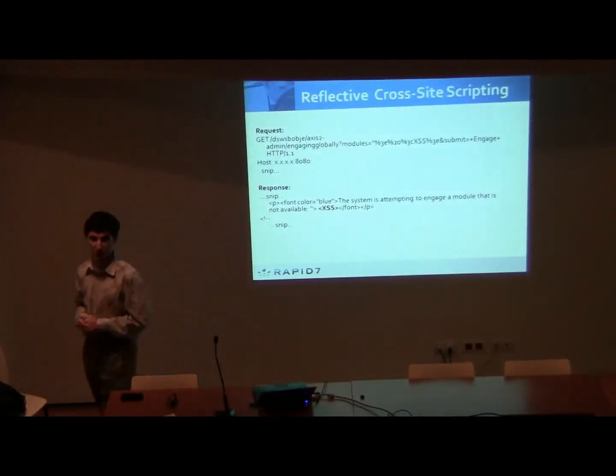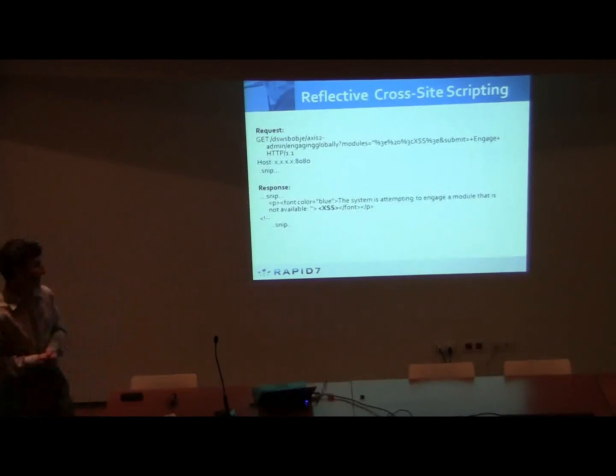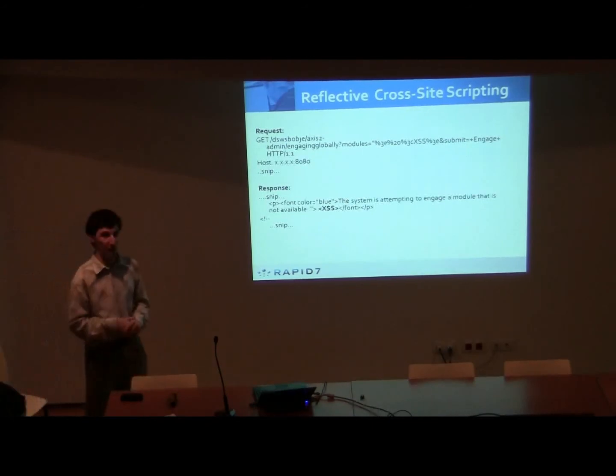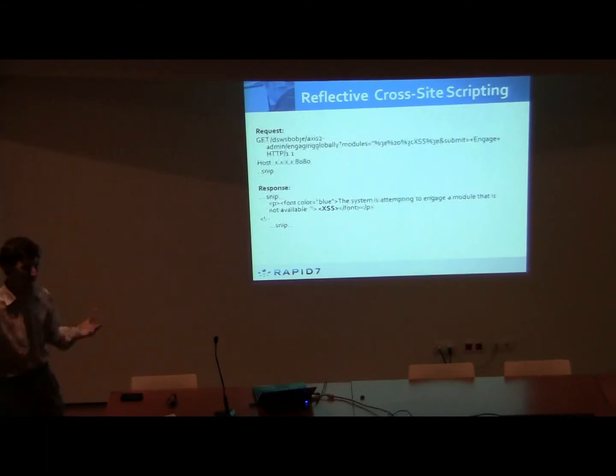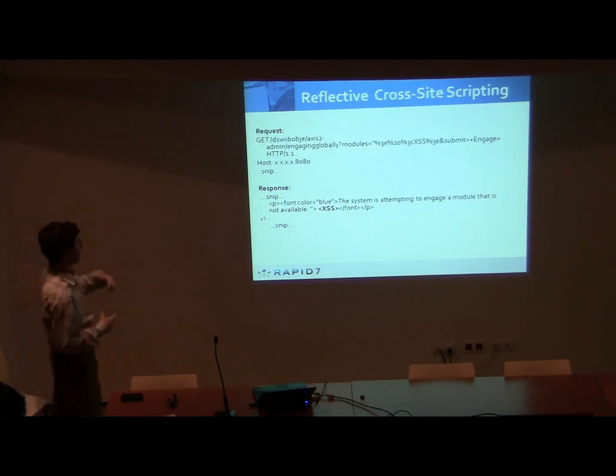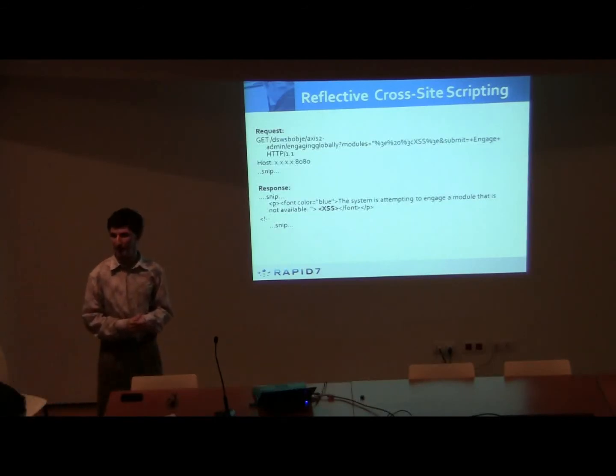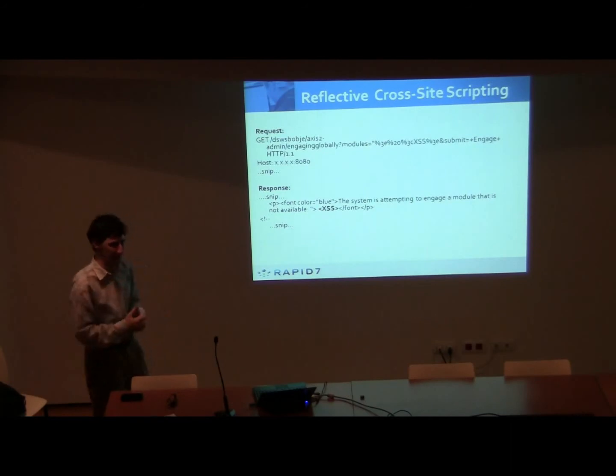Next, we looked at identifying some other vulnerabilities in the applications, one of which being reflective cross-site scripting. Apparently they already knew about this vulnerability by the time we got to them, so kudos to the other researchers. But we found that the input validation was not sufficient, so it was easily susceptible to reflective cross-site scripting and persistent cross-site scripting as well.